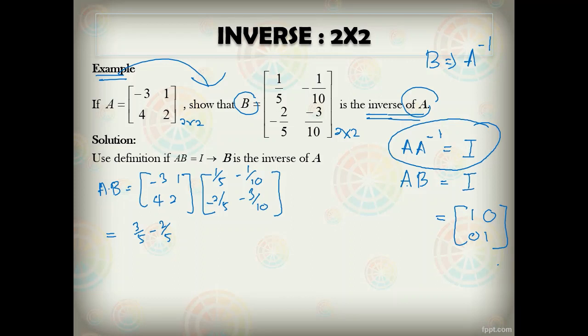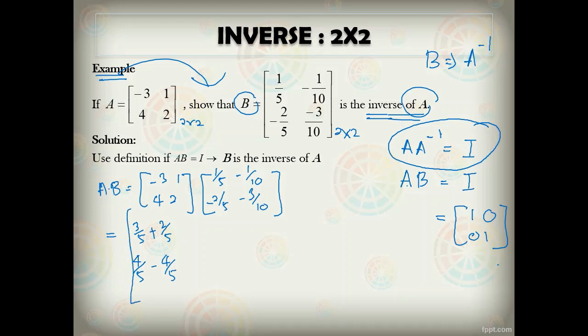Am I doing the correct thing here? Minus times minus is plus here, so 1. Next, 4 multiplied with 1 over 5 is 4 over 5, and 2 times 2 over 5 is 4 over 5, so 4 over 5 minus 4 over 5.